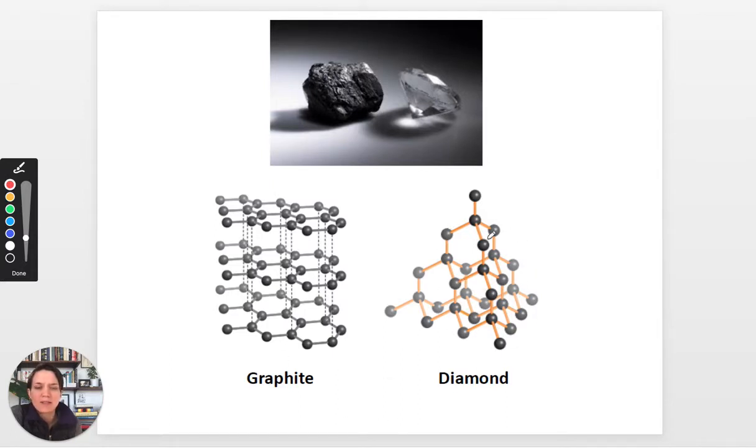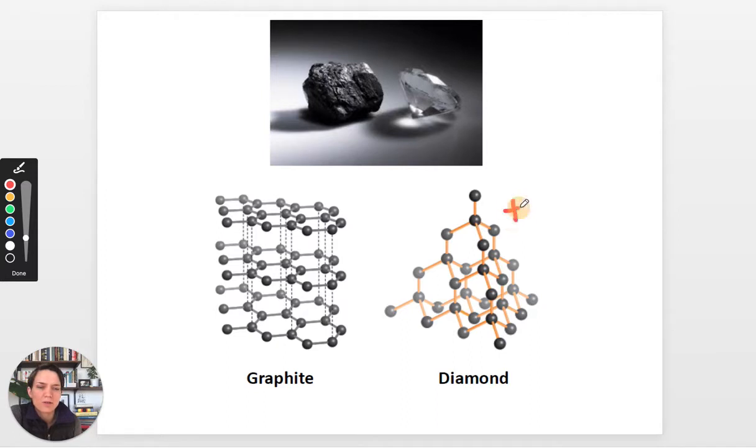Here we have a diamond. So again, these are just all carbon atoms, but these are in a very different structure than what we have over here. So here we have these nice thin sheets allowing for movement and flexibility. Here we have diamond, the hardest natural substance on Earth, and we have those carbons in tetrahedral arrangements to each other.